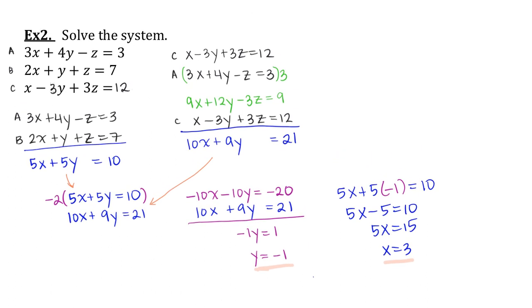Okay, and it's positive, so for B, 2x plus y. What's y? Negative 1 plus z. Oh, shoot. I already have x. Okay, hold on. 2x. Where's x?